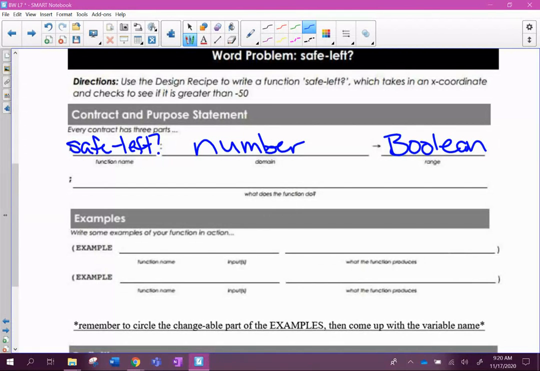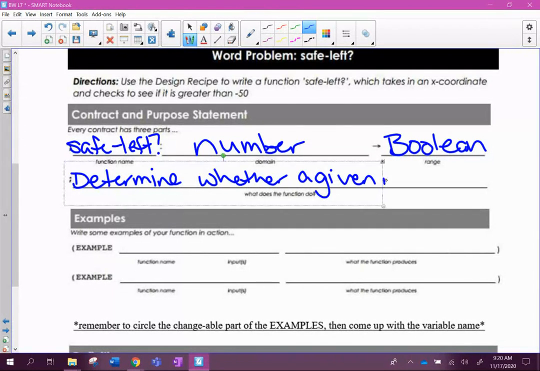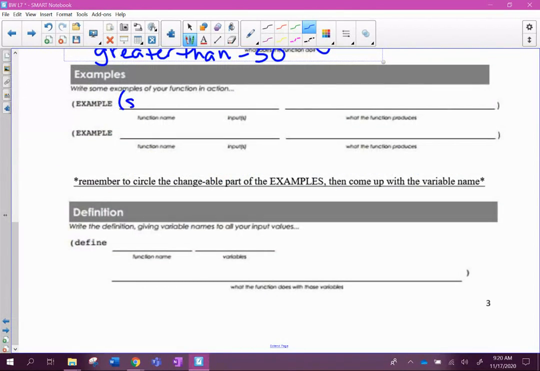Okay. My purpose statement is going to determine whether a given number is greater than negative 50. So for example, we could have safe left 30.